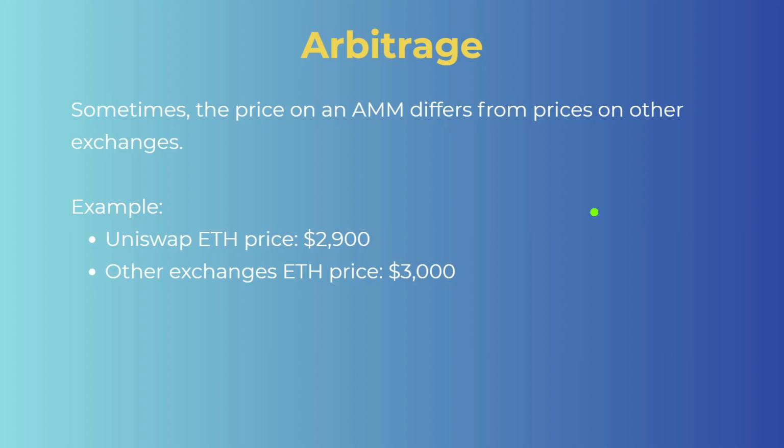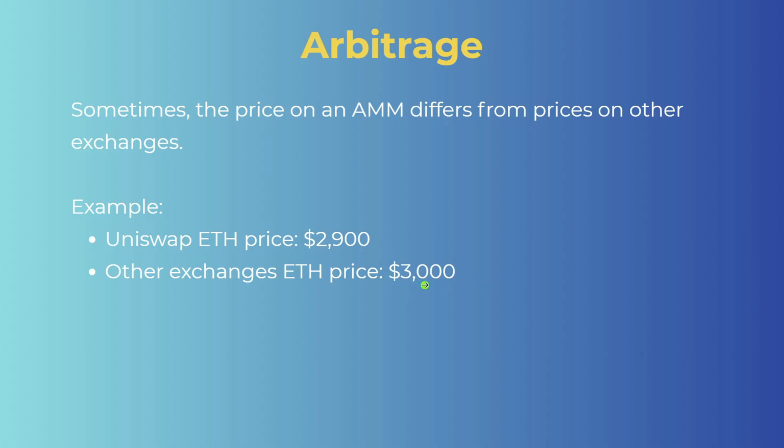So there is an opportunity for arbitrage. So let's say, for example, that after a big trade, the AMM price has changed a lot from other exchanges. For example, in this case, Uniswap's ETH price is $2,900, while the price of ETH in other exchanges like Binance, Coinbase, whatever, is $3,000.